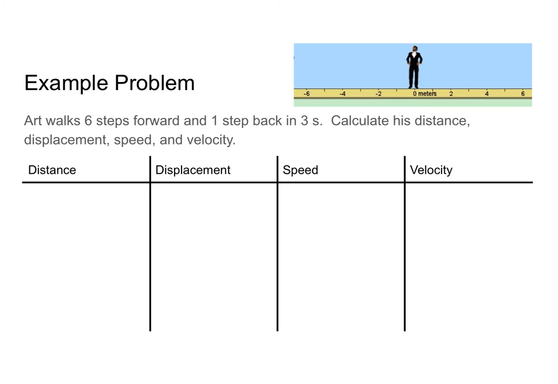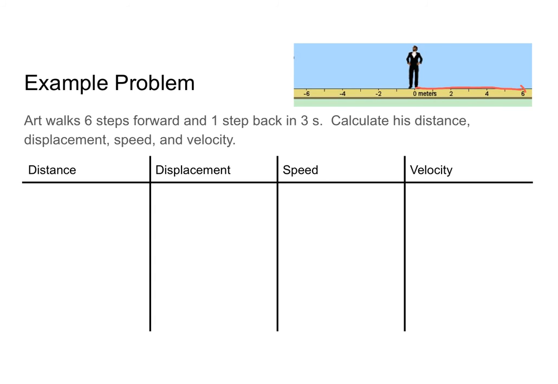Now that you've learned about what distance, displacement, speed, and velocity all are, we're going to go ahead and do an example problem. So let's say that my man up here, Art, walks six steps forward. So he's going to walk 6 steps forward and 1 step back. And let me go ahead and just edit my picture so it's a little neater.